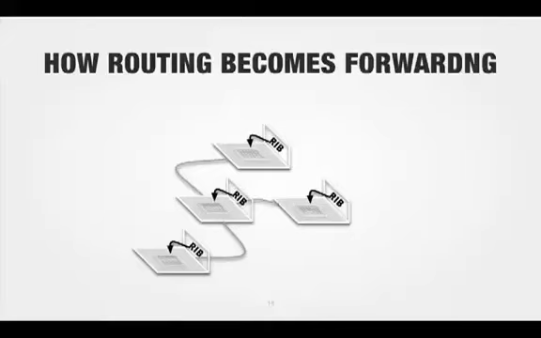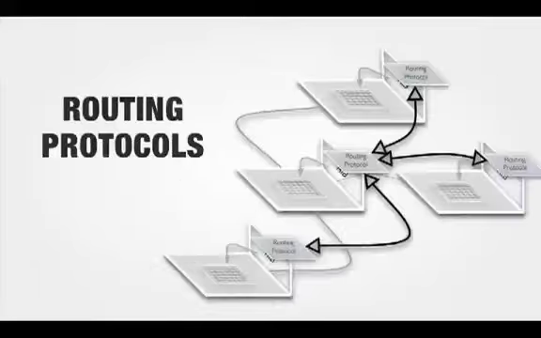So now we have data coming through the forwarding plane, hitting the forwarding information base. The RIB, which is in the control plane, loads into the FIB. Our routing protocols, which I've referred to, are what load the data into the RIB.